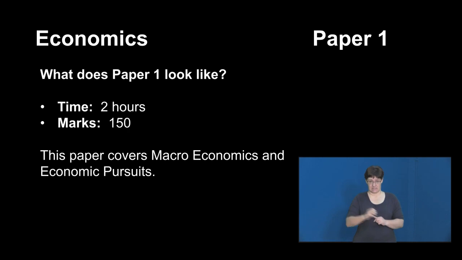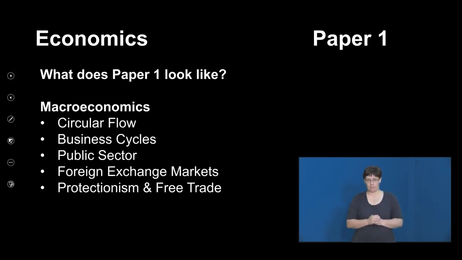What is examinable in Paper 1? We have macroeconomics and we also have economic pursuits. Those are the 2 modules that are examinable in Paper 1. Macroeconomics has the following topics: circular flow, business cycles, public sector, foreign exchange markets, and protectionism and free trade.